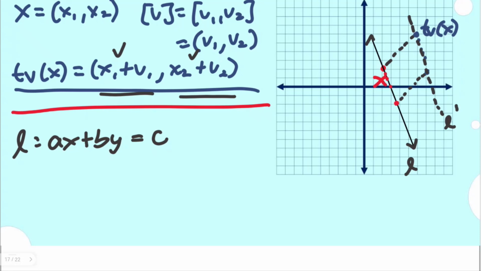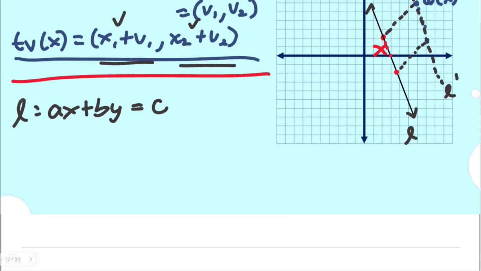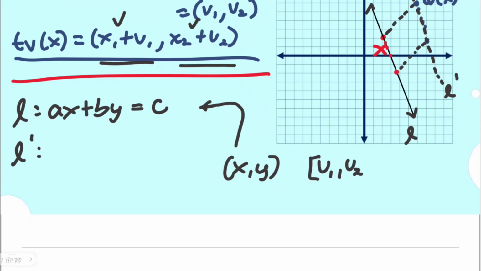To determine your translated line, L prime in this case, you are to determine the values of x and y in a general sense. You will have x and y for all of your points in L, and of course, you have your designated vector v sub 1 and v sub 2.